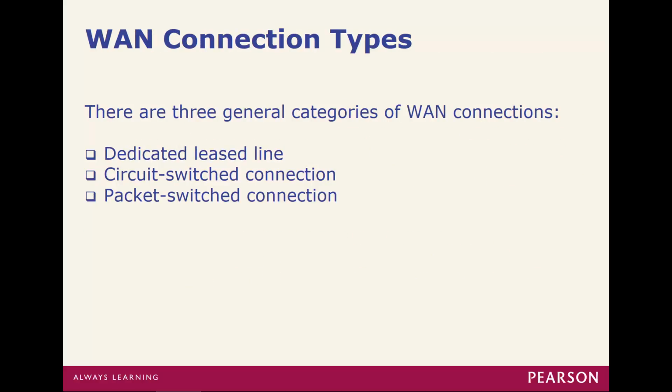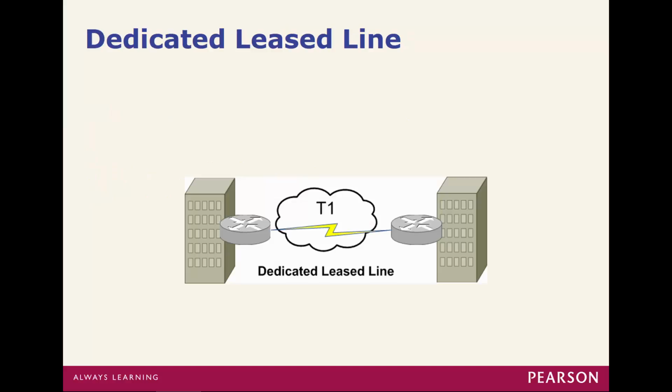So there are normally three general categories that we break our WANs into: dedicated leased lines, circuit switched connections, and packet switched connections. In the late 90s and early 2000s, we had dedicated leased lines like a T1 or a T3 line, point-to-point connections.